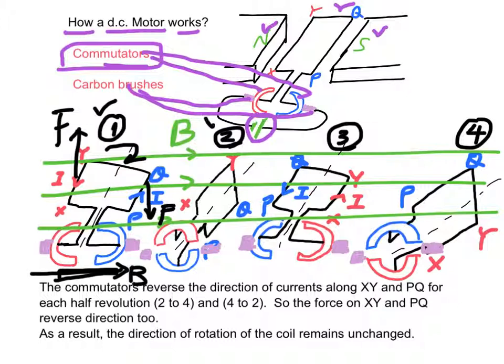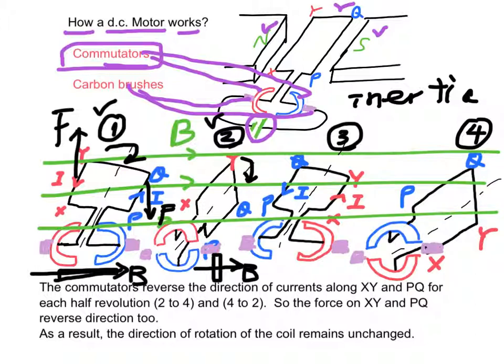At stage 2, the plane of the coil is perpendicular to the magnetic field. Since the commutator now loses contact with the brushes, there is no current. So there will be no magnetic force acting on the coil. However, due to inertia, the coil still rotates clockwise.